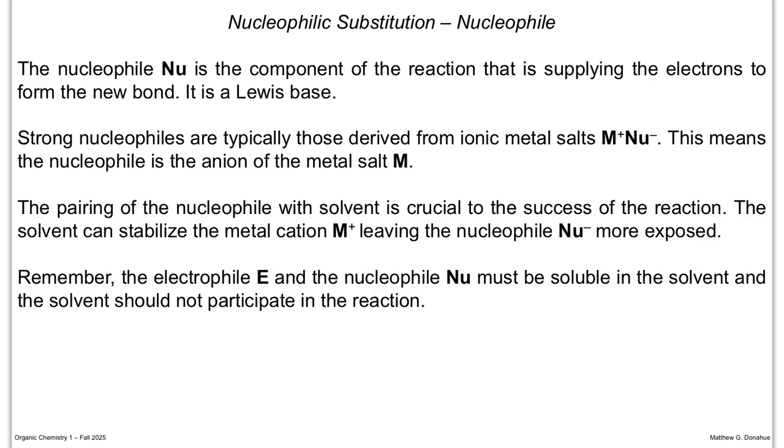Apologies if that offends you, but if you do have a tertiary substrate, how do you substitute it? Well, it happens through a different mechanism called SN1. And that uses a different class of solvent. So as we learn more of these reactions and you see starting materials with functional groups, reagents and solvents above the arrow, you have to start putting all these pieces together to know what mechanism is occurring.